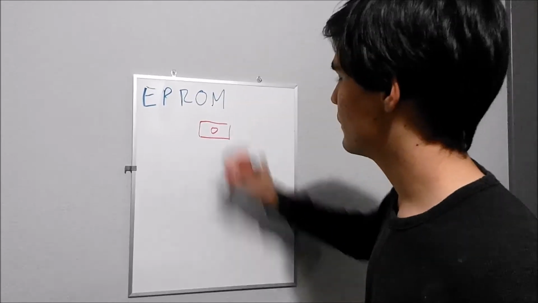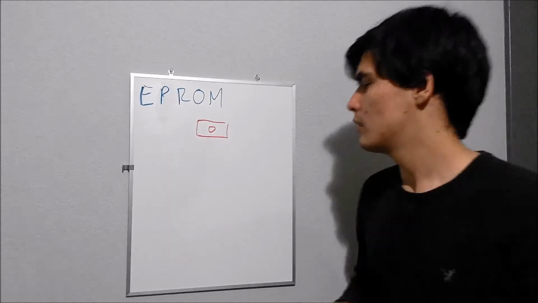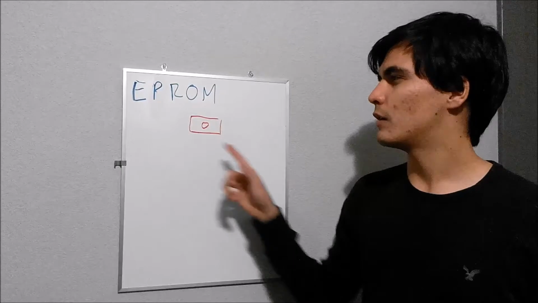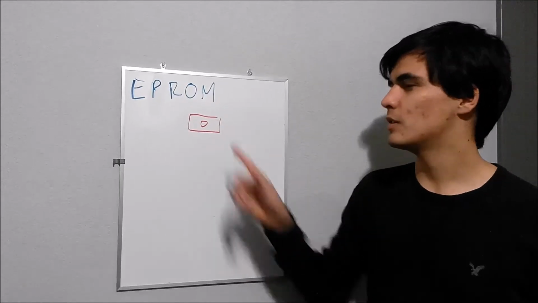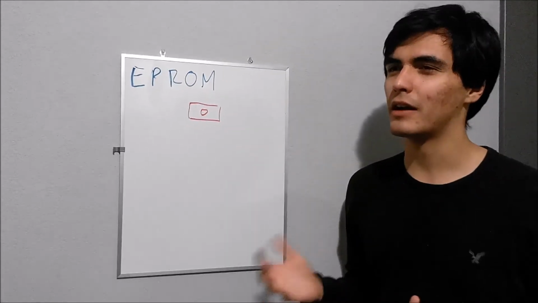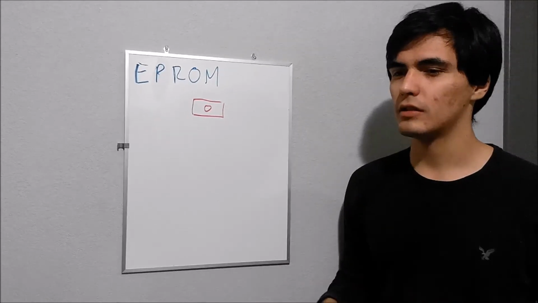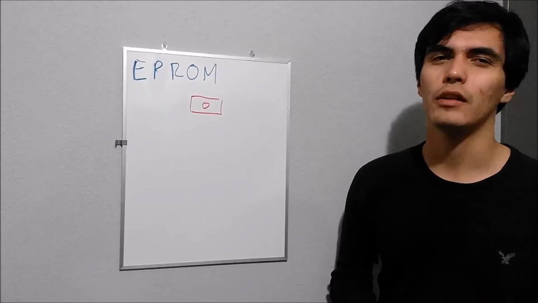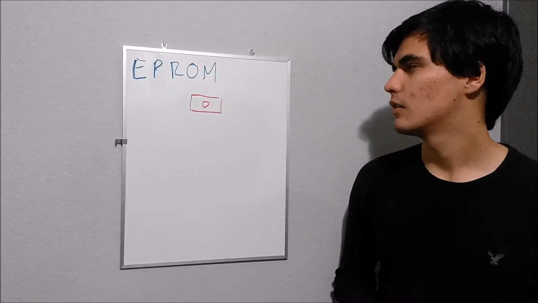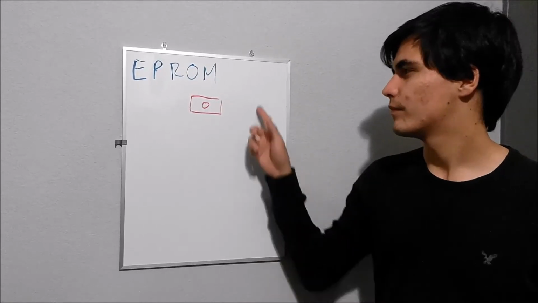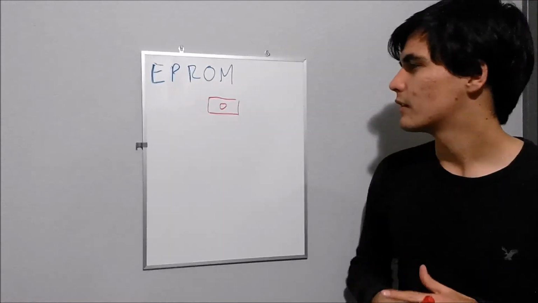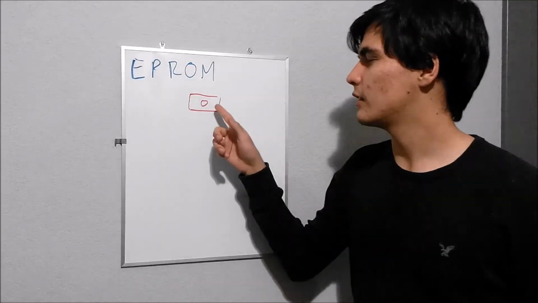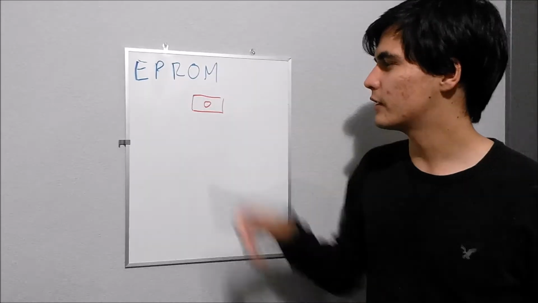with a little window inside of the chip. So when you program it, the only way to erase it is putting the chip into a device that is like a little microwave, and it shoots ultraviolet light. This is a chip that has a little window inside, and you can see all the connections.